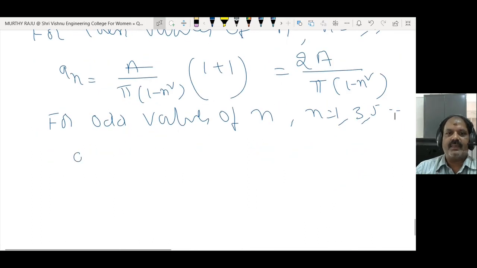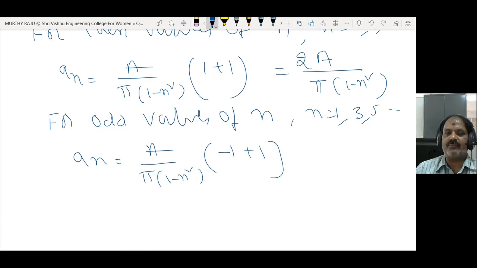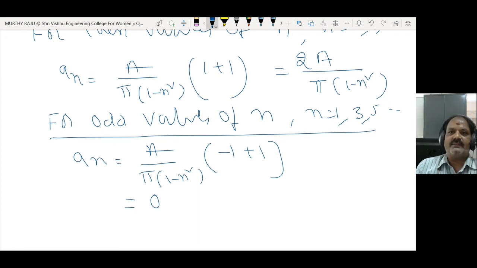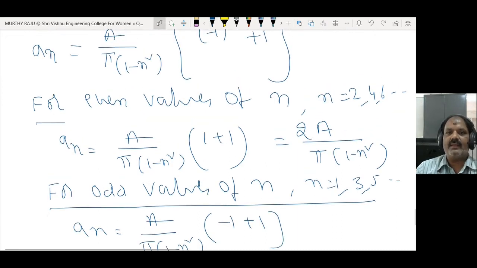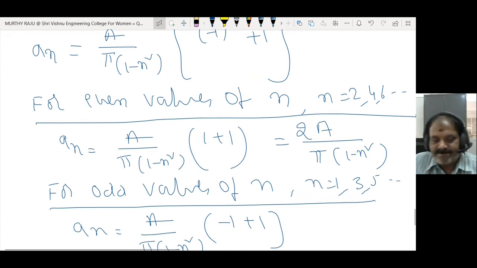Therefore, an is equal to A by pi into 1 minus n square, minus 1 plus 1, that is 0. Therefore, an is equal to 0 for odd values of n. This is for even values of n.